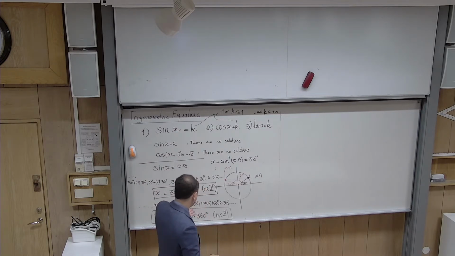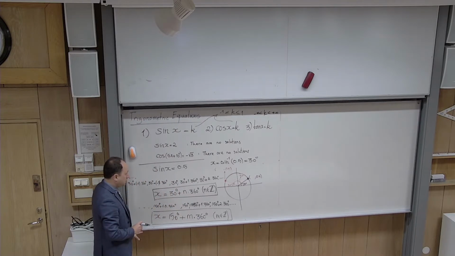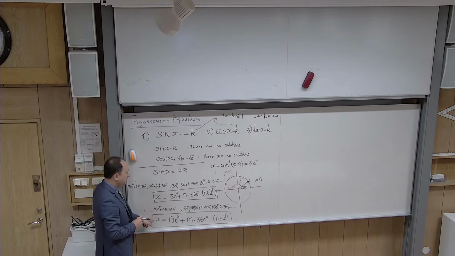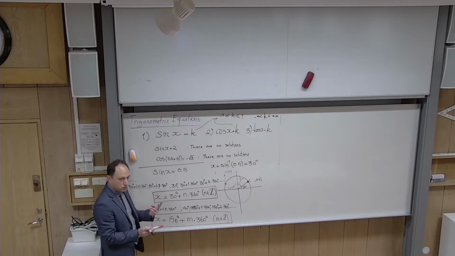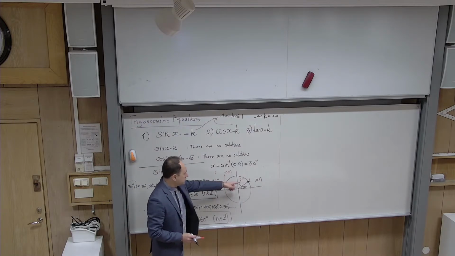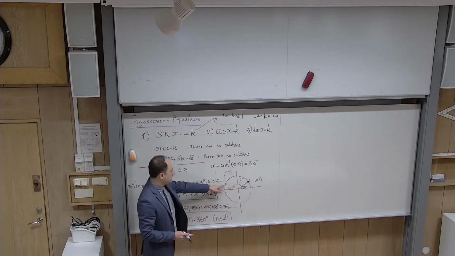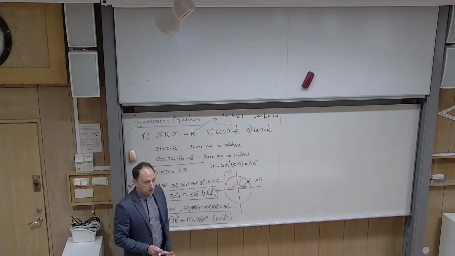It's not very efficient to visualize it every time. Of course, you have to have a good understanding. But the important thing is that I have infinitely many answers. They are categorized into two groups. All of them in one group correspond to the black dot, and the others correspond to this red dot.